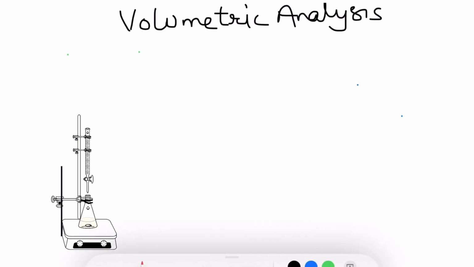Hello everyone. Today we discuss volumetric analysis, that is titration.